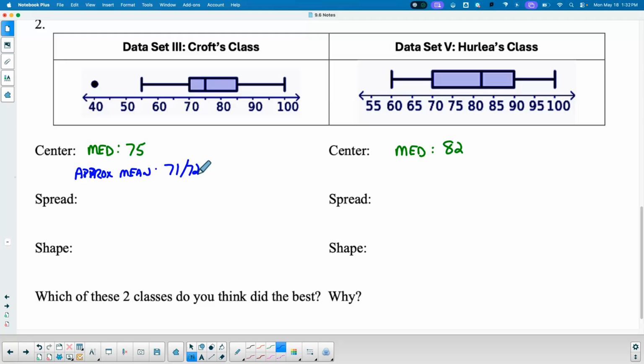What would you go for an approximate mean over here? $82 or $81? $80, $81, somewhere in that range? Yeah?